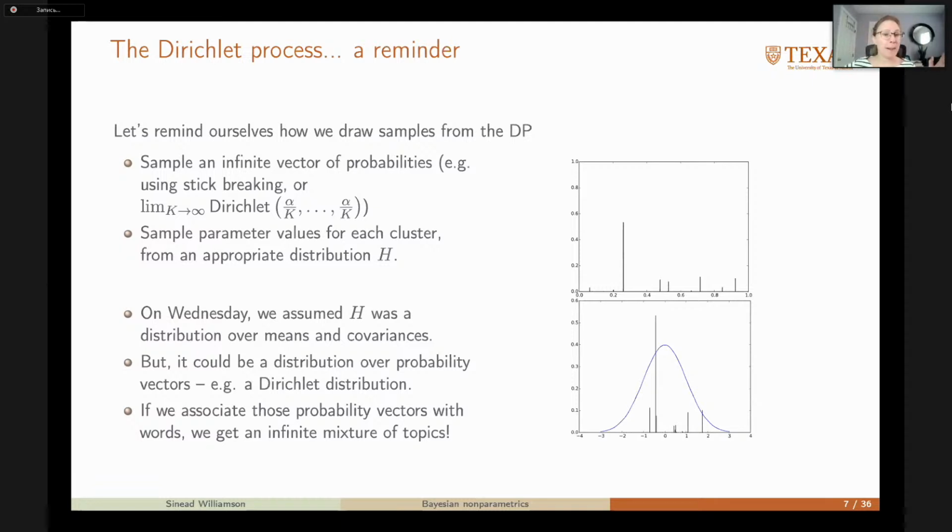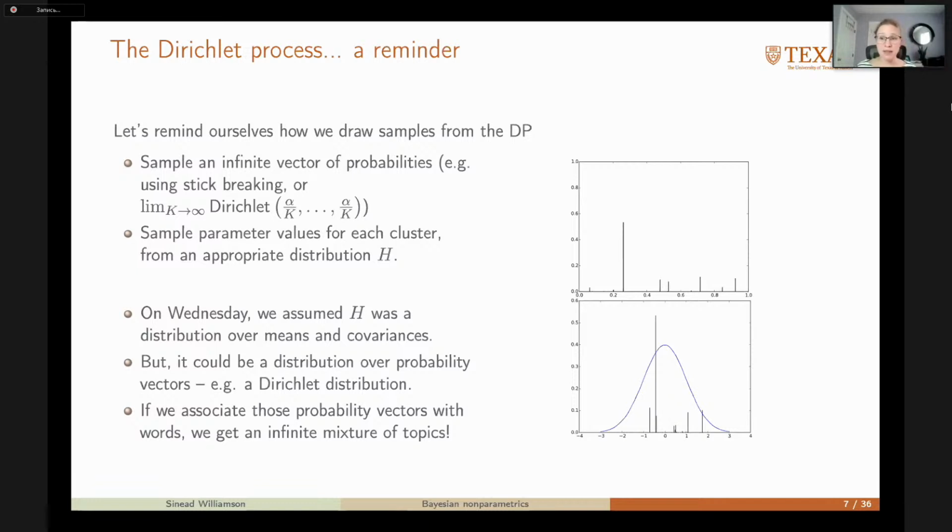Now, on Wednesday, we assumed that this distribution over parameters was a distribution over means and variances, or means and covariances. But here we're going to let it be a distribution over topics, okay? Because we want each mixture component to be a topic. But that's fine. H can be whatever we want.